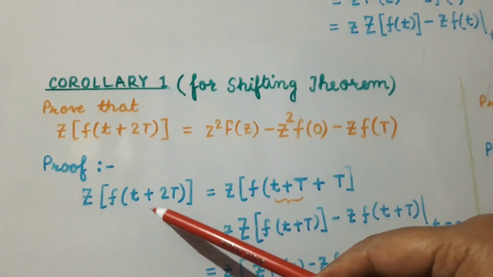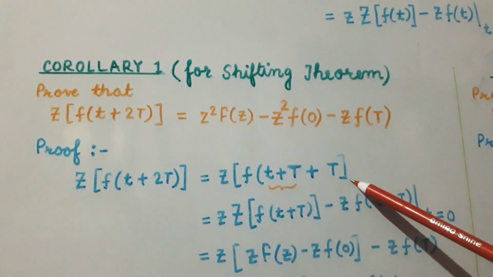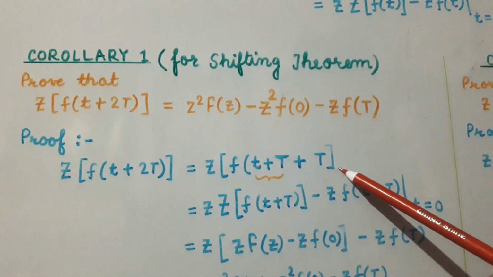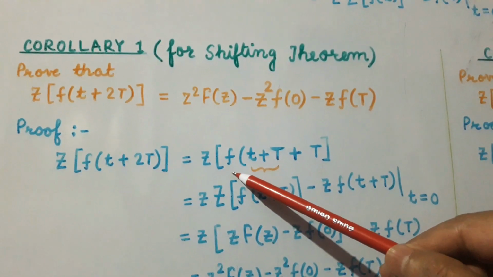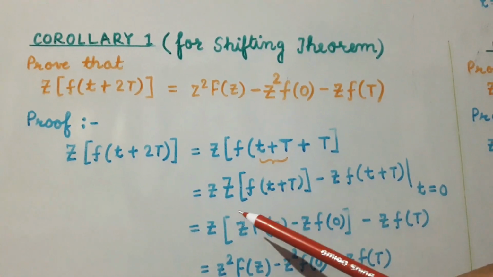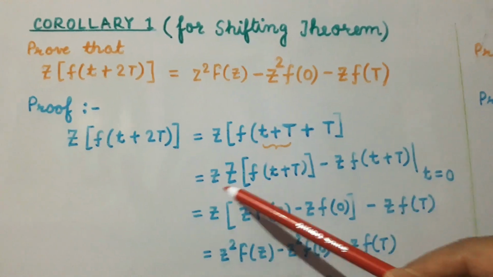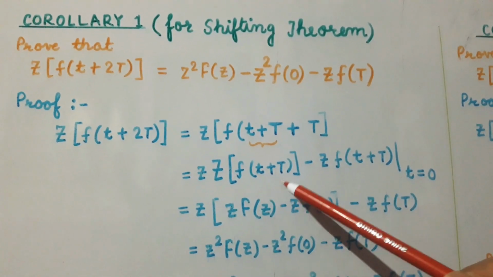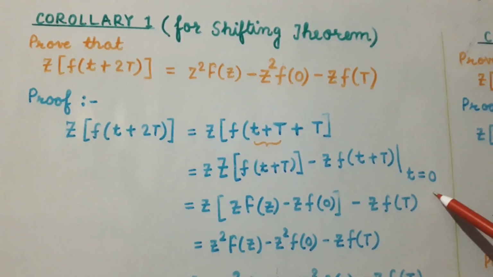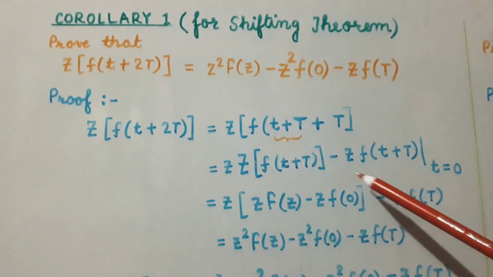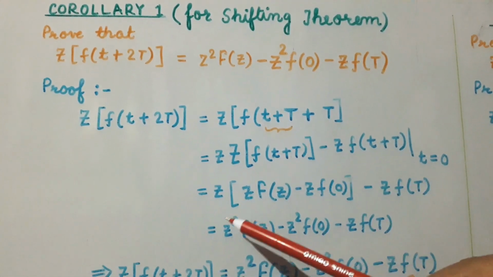So the z transform of f(t+2T) can be written as the z transform of f(t+T+T). And we have found from the shifting theorem the z transform of f(t+T). So we can write this as z times the z transform of f(t+T) minus z times f(t+T) at t equal to 0. That is, we have written the shifting theorem for this expression.